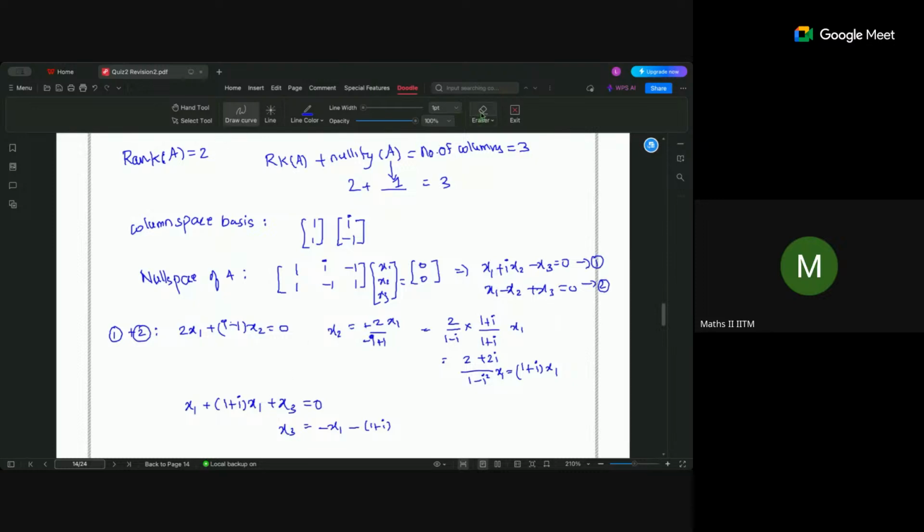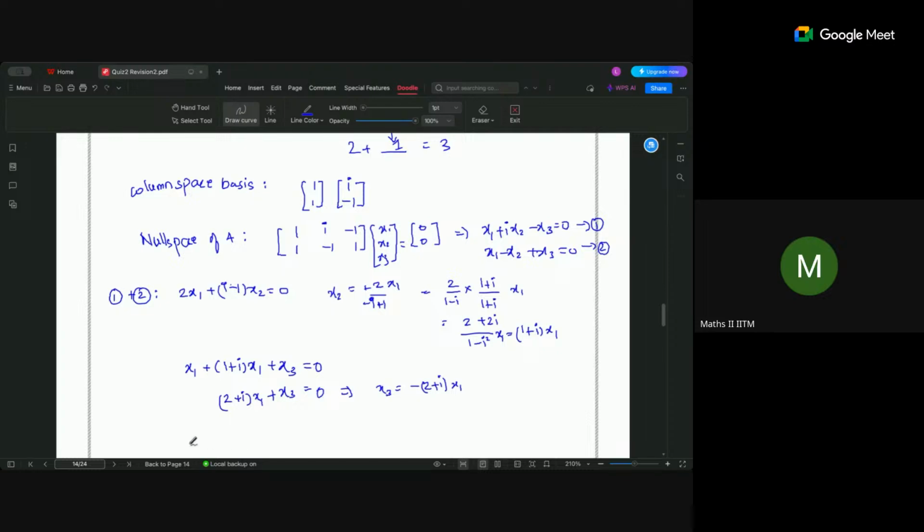We can simplify this actually. So you can write it as 2 plus i x1 plus x3 equals 0. So you have x3 is equal to minus 2 plus i x1.